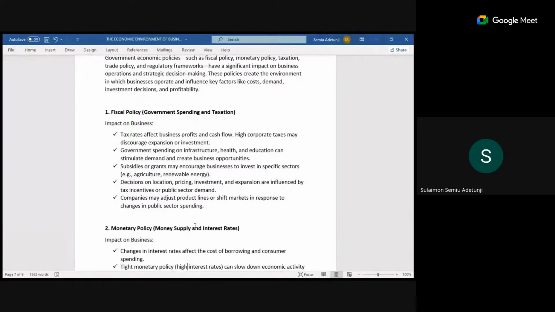Then government spending on infrastructure, health, and education can stimulate demand and create business opportunity. If government is able to create infrastructure in some areas, the economy of that area will improve.